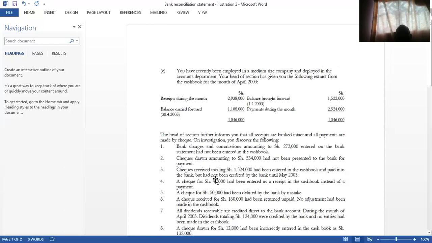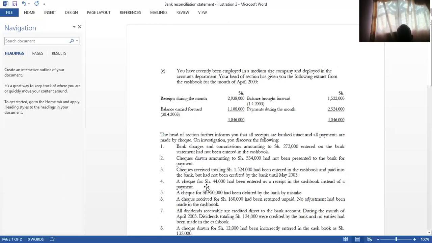Remember this is an error in the cash book, which simply means that we need to rectify this particular error. Because this cheque was a receipt and it was instead entered as a payment, it should be recorded on the receipt side of the cash book, but double this amount. Why double? As we correct this error, there's 44,000 on the credit side, or the payment side.